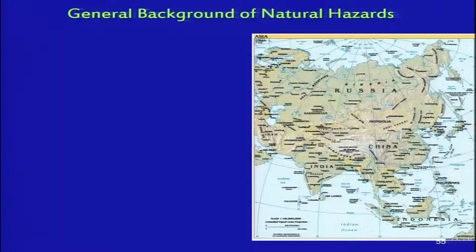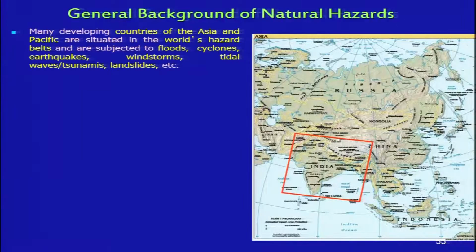Now, the general background of natural hazards: we have mostly the regions or areas which are under the developing countries in Asia and Pacific. Most of these countries are subjected to floods, cyclones, earthquakes, windstorms, tidal waves, or you can say tsunamis, high energy waves, and landslides.